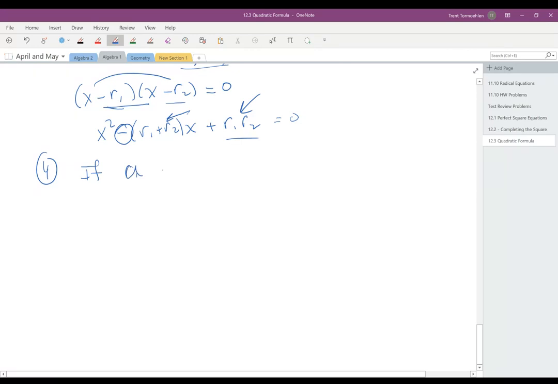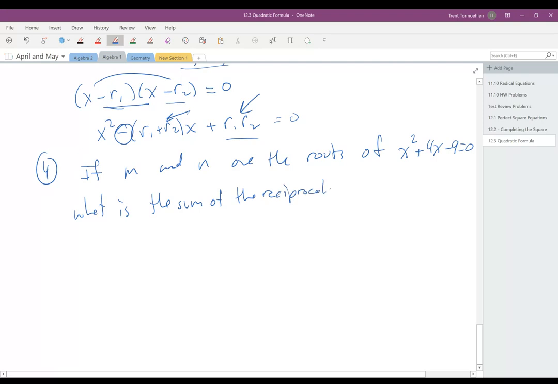If m and n are the roots of x squared plus 4x minus 9 equals 0, what is the sum of the reciprocals of the roots? Or what is the sum of the reciprocals of m and n? So what we're trying to find is 1 over m plus 1 over n.